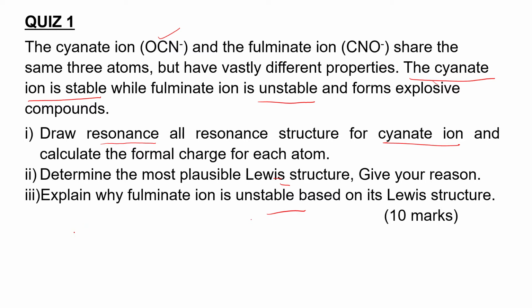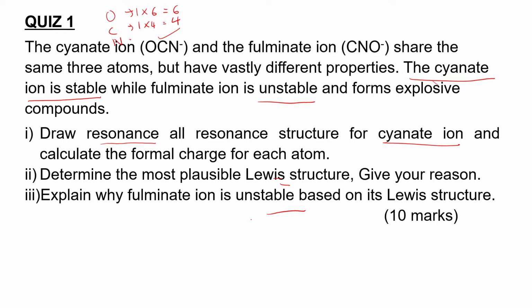So first step, we calculate the total number of valence electrons. So we have one oxygen, 1 times 6, 6. We have carbon, 1 times 4, 4.